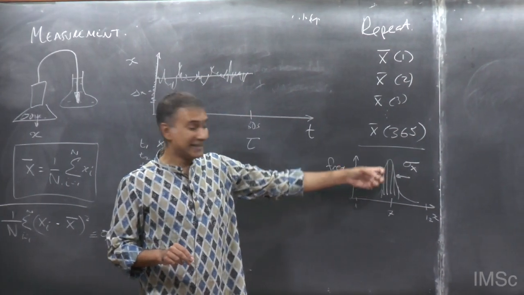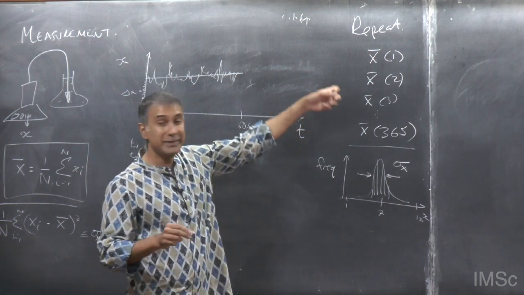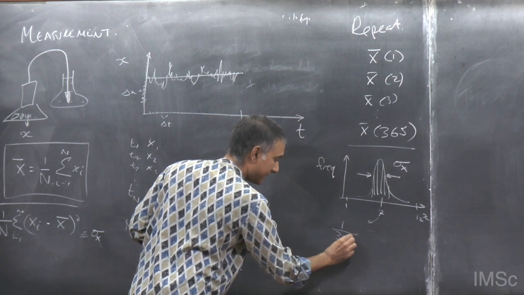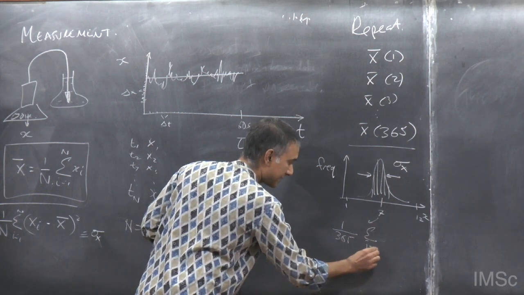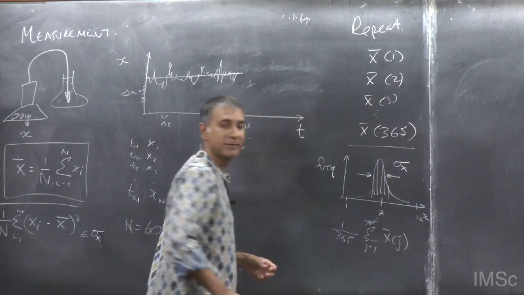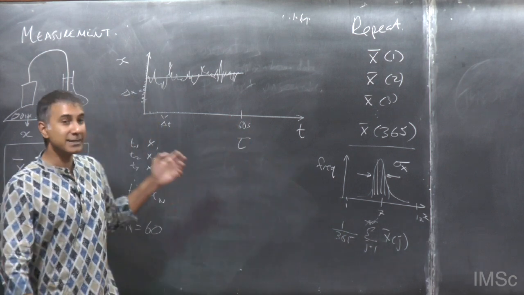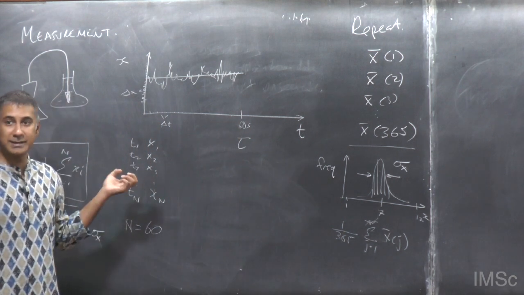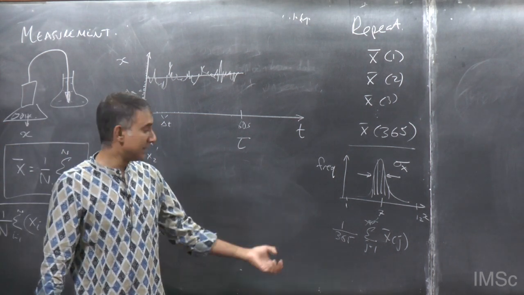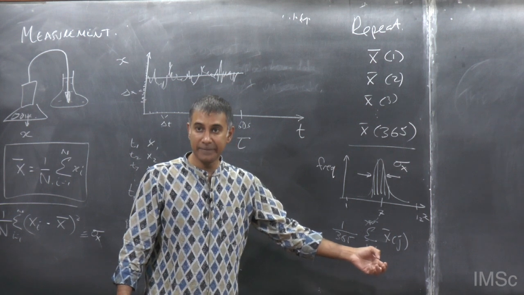The middle value here is the average of these, something like 1 divided by 365 times the sum over days of x bar j, where j is day 1, day 2, day 3, day 4. So I've done the same experiment. Each day I've taken 60 recordings. Then for 365 days I've taken the average of those recordings, and then I find their average.